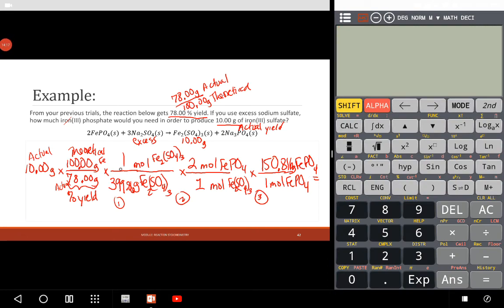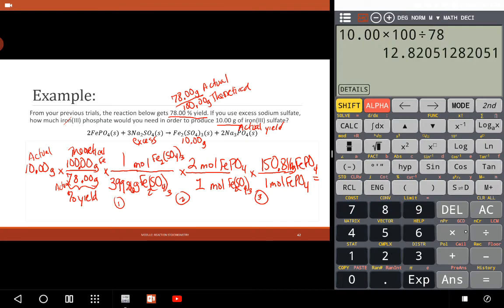Okay, so I have calculated the molar masses and inputted them. So now I just need to type this into my calculator. And then I'll do divided by 399.86 times 2 times 150.816.